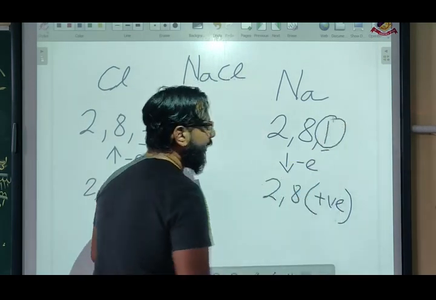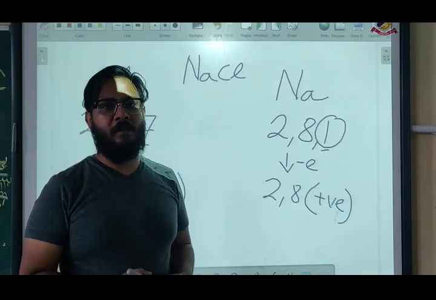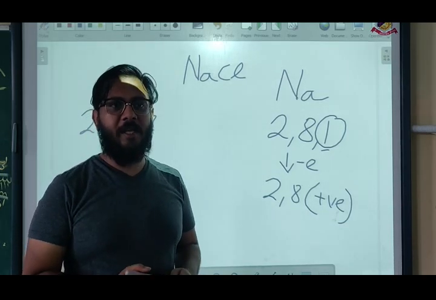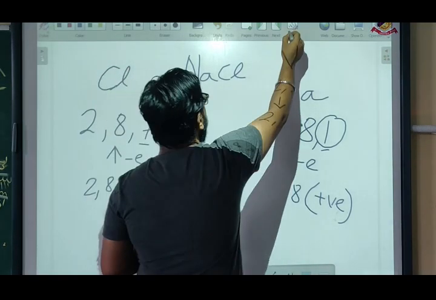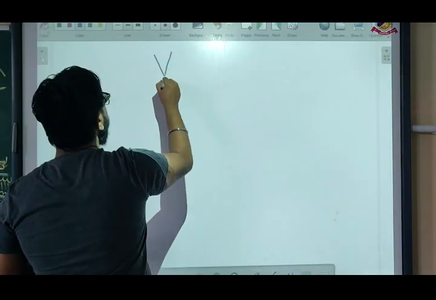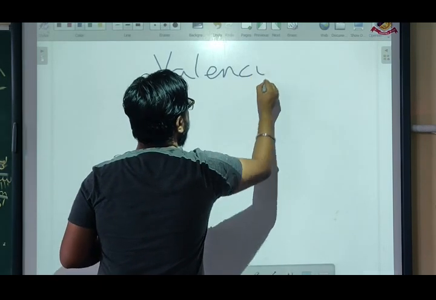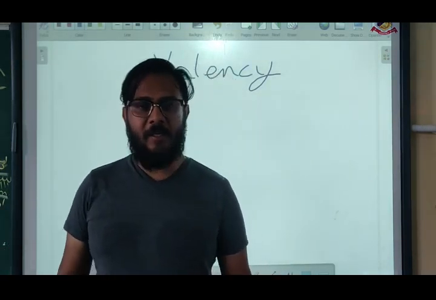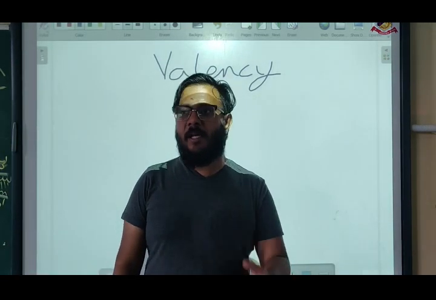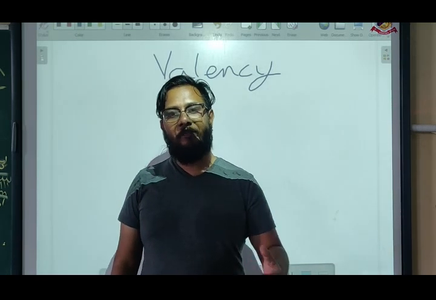The number of electrons an element can give or take to be stable is called its valency. Okay, valency is basically the number of electrons an element can give or take.